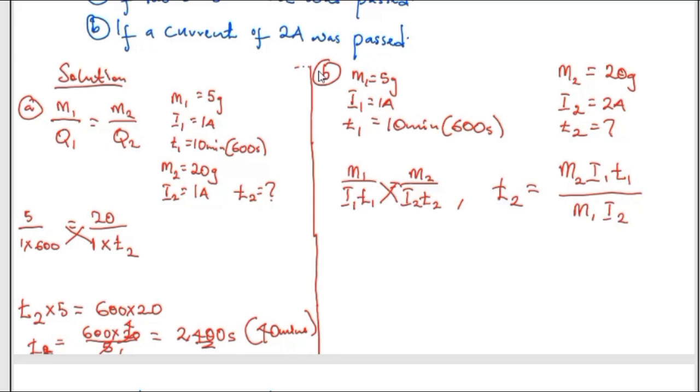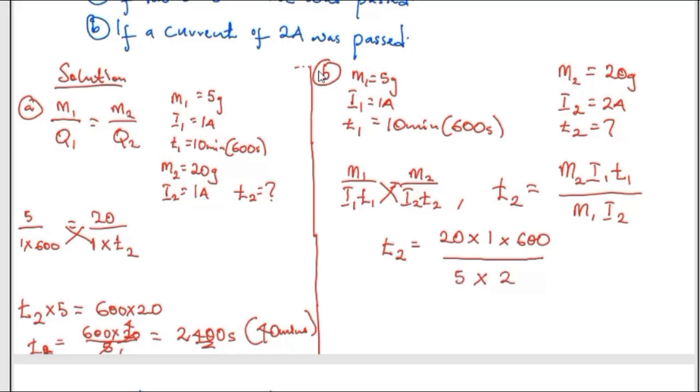Yes, so T2 is equal to, what is my M2? M2 is 20 times, what is my I1? I1 is 1. What is my T1? T1 is 600, all over, what is my M1? M1 is 5 times, what is my I2? I2 is now 2.